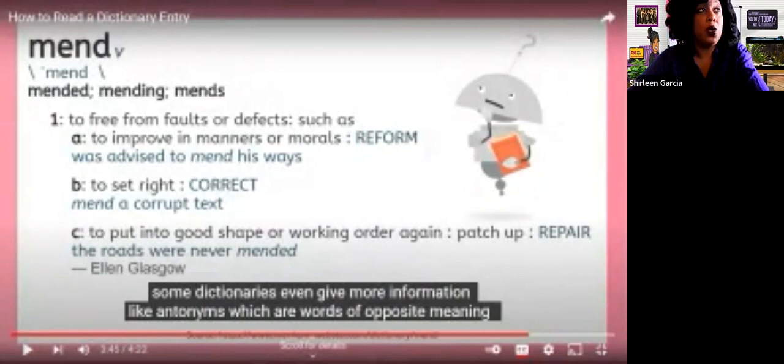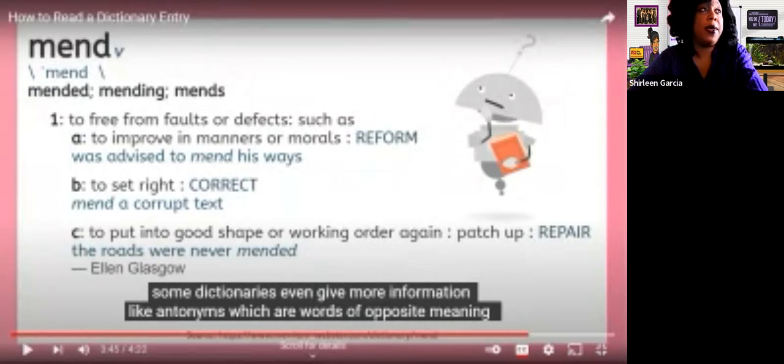In blue with the italicized is kind of like a context clue, and sometimes some dictionaries actually have it used in a sentence. So it's trying to show you which mend that definition is representing by giving you how you can use it in a phrase or a sentence, okay?